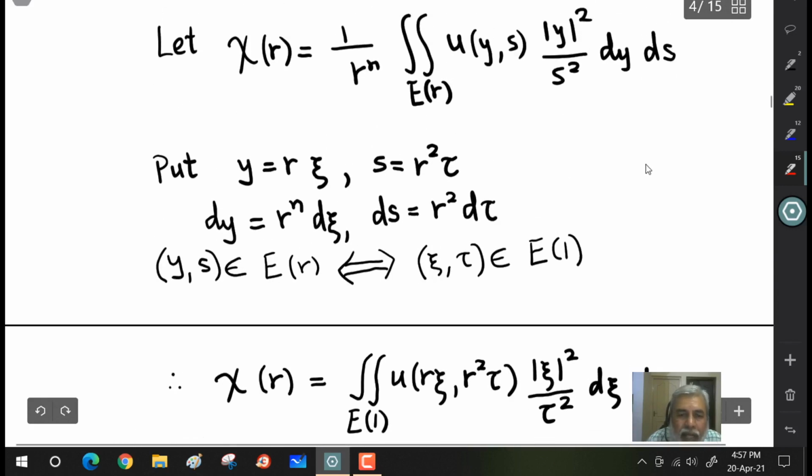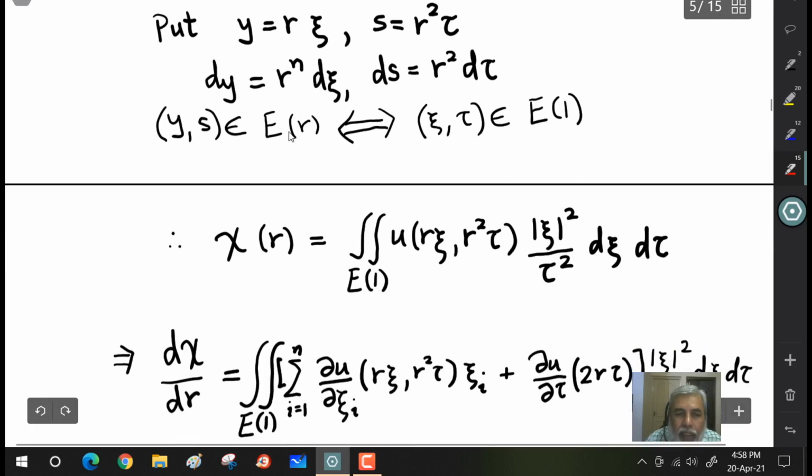So for that you change the variables, y equals r times xi and s equals r squared times tau. With this change of variables, (y, s) belongs to E(r) if and only if (xi, tau) belongs to E(1).